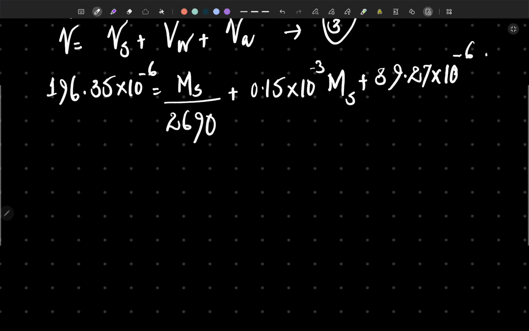Now I'll do certain calculations and go on finding my mass of solids.